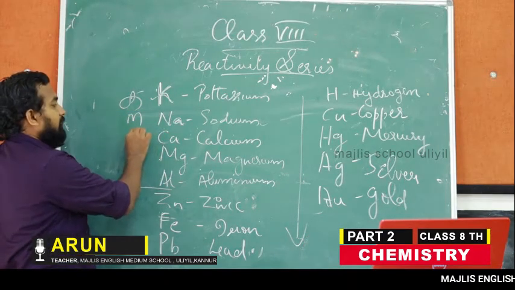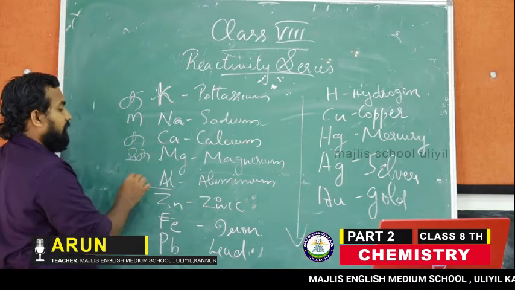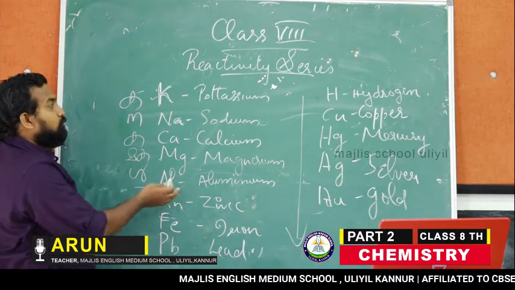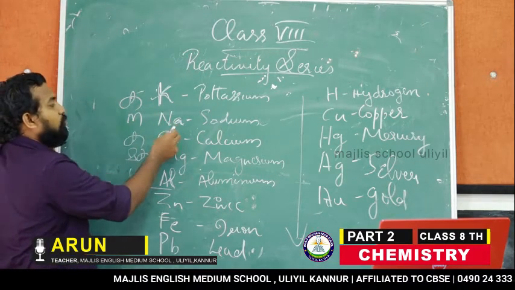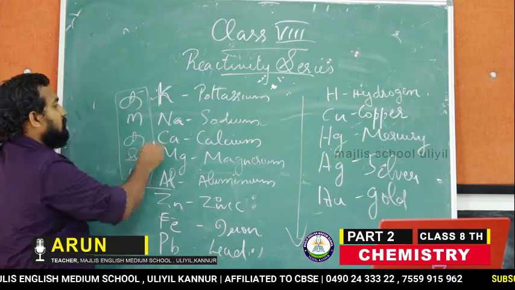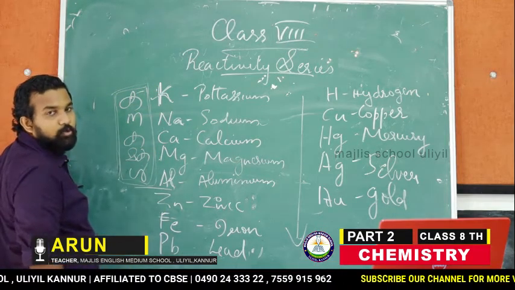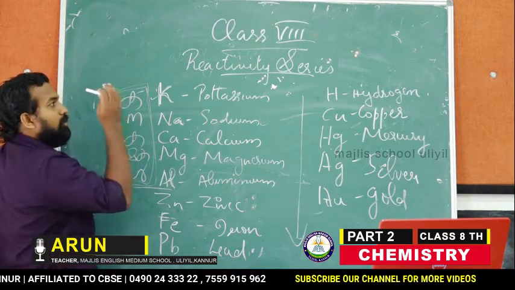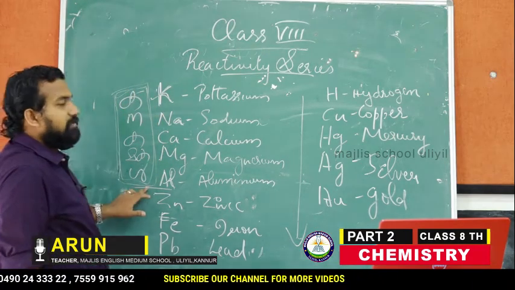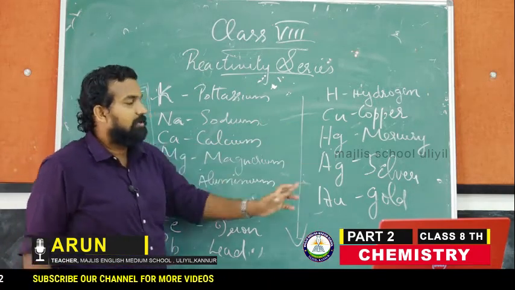Then Ca, again Ka, Mg is Maga, and Al is L. So in order to learn by heart the first five, potassium, sodium, calcium, magnesium, aluminum, just note down this small tip so that the first five reactive elements won't be forgotten by you. And the least three are mercury, silver and gold.